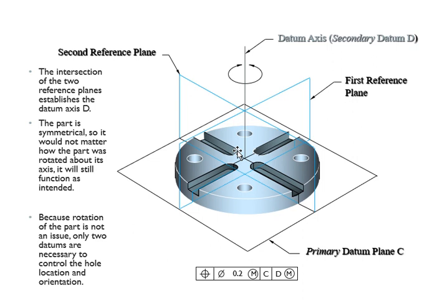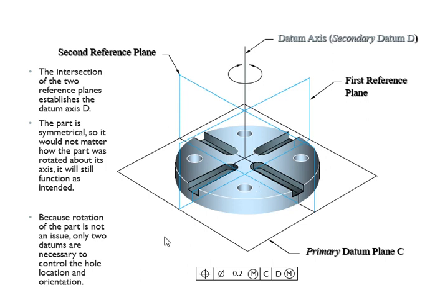Then here is your rotation axis, and that is your datum axis, which is your secondary datum D. It's set as so. And of course you have symmetrical features right here, here, here, here, here, and here. They're all symmetrical, so the part is symmetrical.